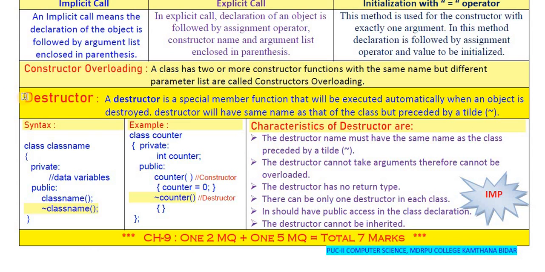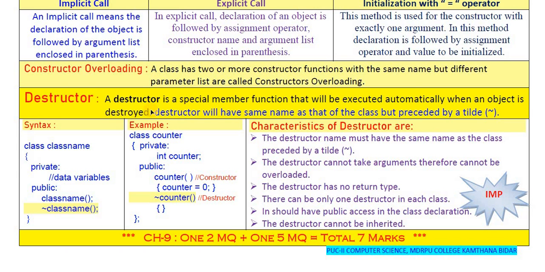Okay, then the last important topic, destructor. From the name itself you can guess what a destructor is. Destructor means destroying, removing, deleting. So what is a destructor? A destructor is a special member function that will be executed automatically when an object is destroyed.